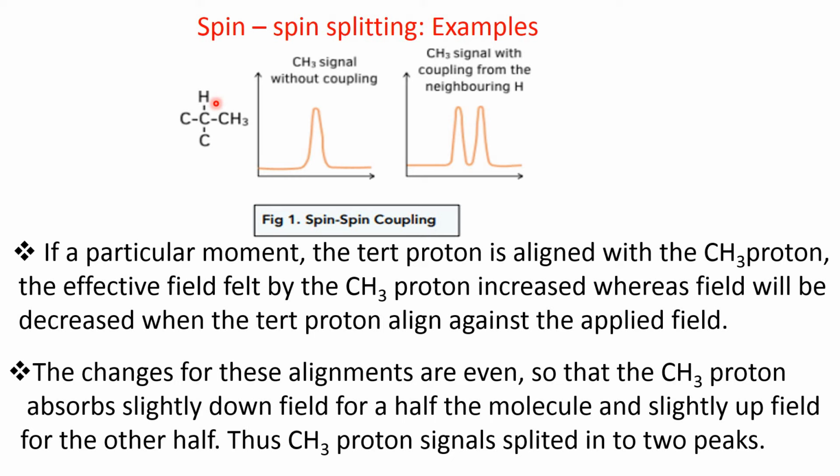And the remaining half methyl protons, experiencing the magnetic field where this tertiary proton's field opposes the applied field, will experience less magnetic field, so they will absorb at upfield. Thus, methyl proton signals split into two peaks.